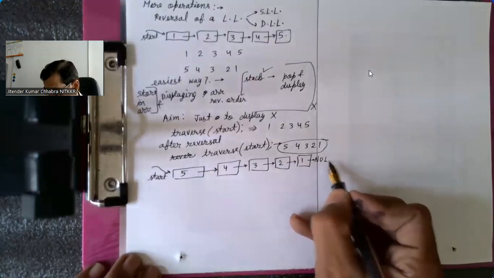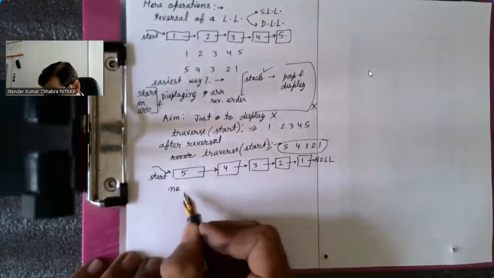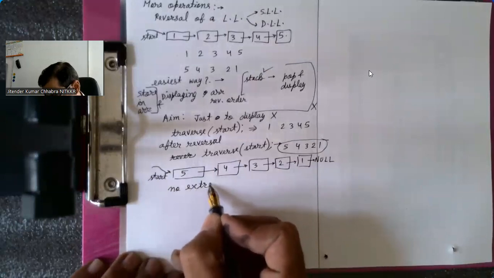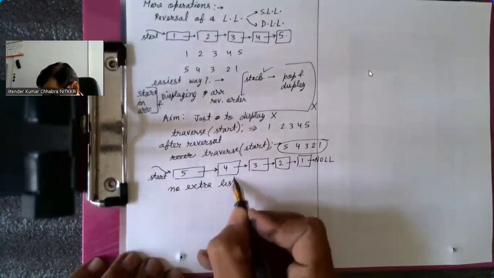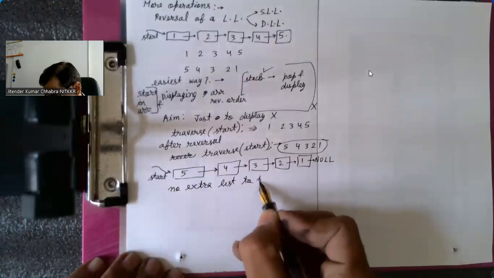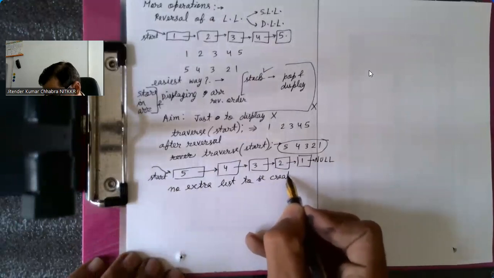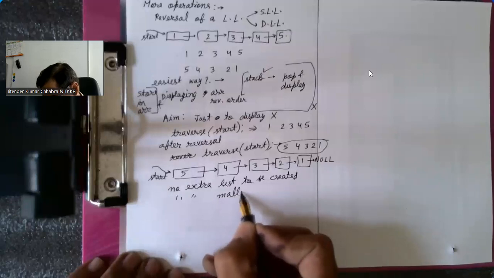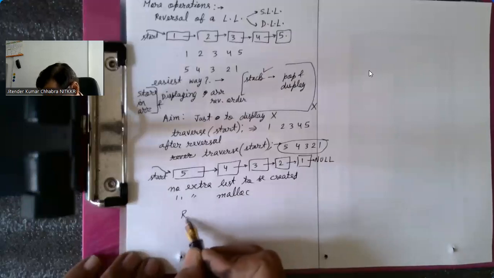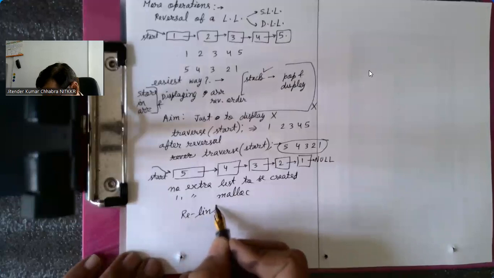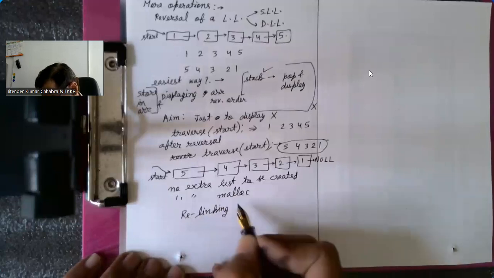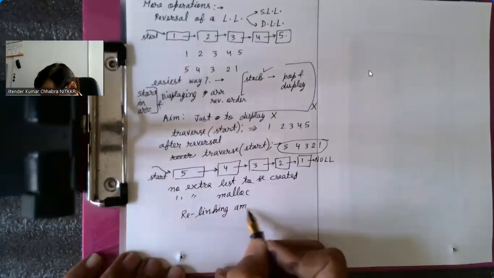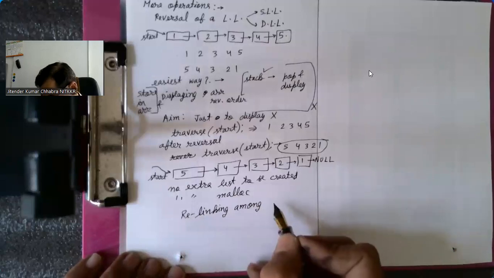That also means no extra malloc to be done, no extra list to be created, no extra malloc to be done at all. Effectively, relinking among nodes must be done. That is the primary purpose of this.